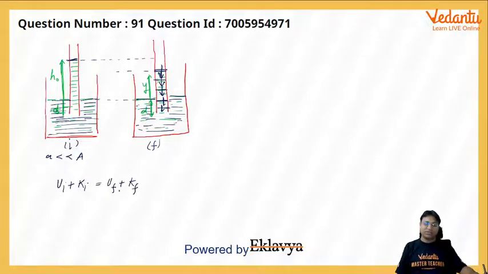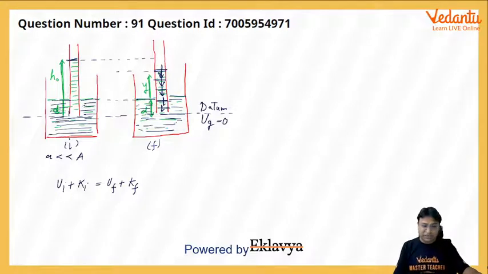So this is my intention. And to write U, I will treat this level, the bottom level of the straw, as the datum, or you can say as the level where we are assuming gravitational potential energy to be zero.